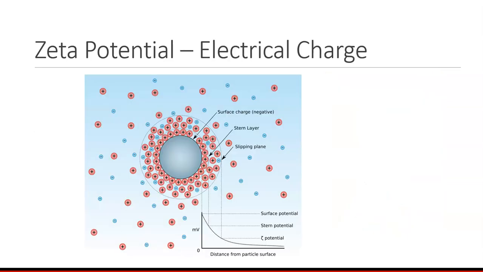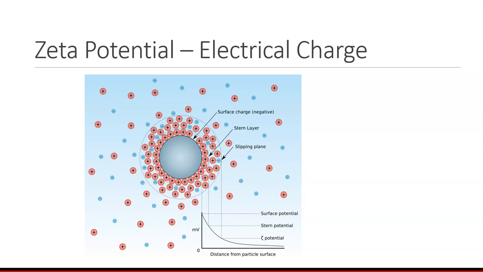I like this picture because it illustrates the charge. The surface of the red cell membrane has a negative charge, and then there's a cloud of positively charged ions. So this, in effect, allows the red cells to maintain a distance. And this is really important because if they didn't maintain distance, then they would get all clogged up in your blood vessels.